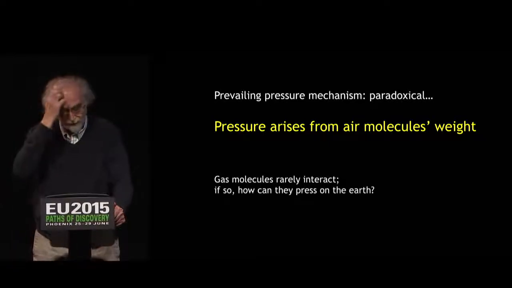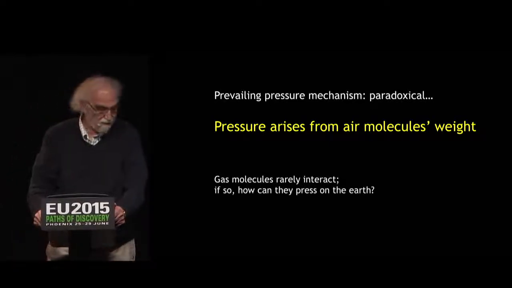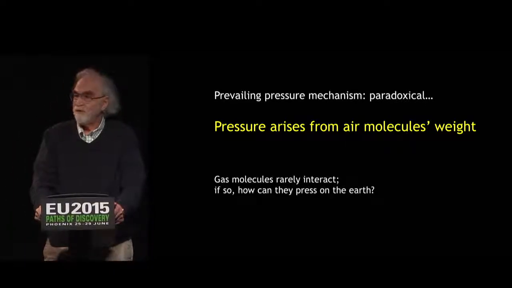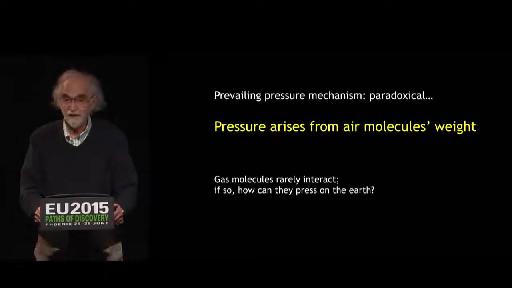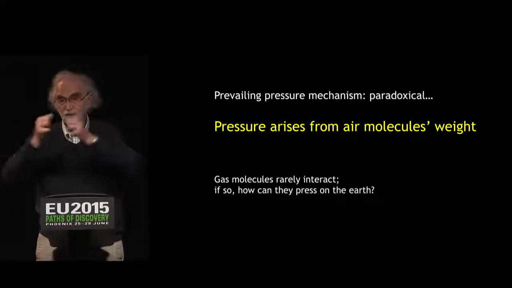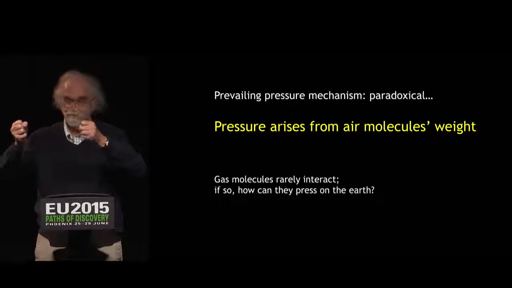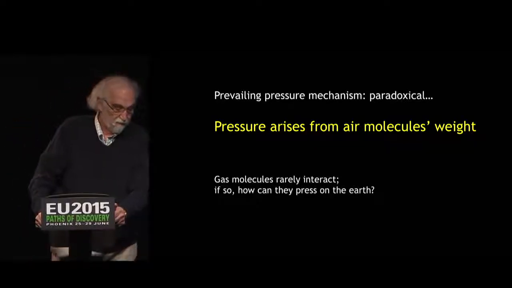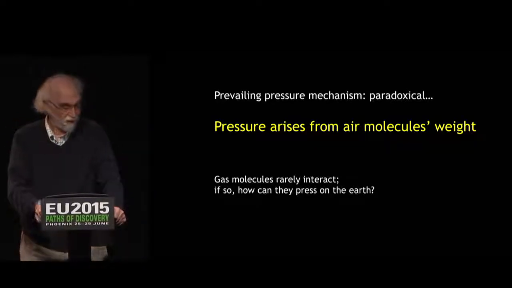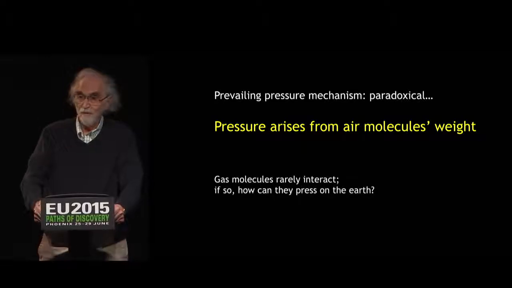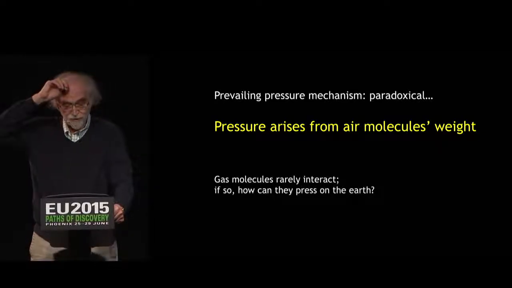But if you think about that, we have a gas up there, and we define a gas as molecules that don't stick together. They actually bounce around and hardly interact with one another. And so if they don't interact except very rarely, then can we easily imagine how they press on the Earth? Or why when you're higher up you have less pressure?